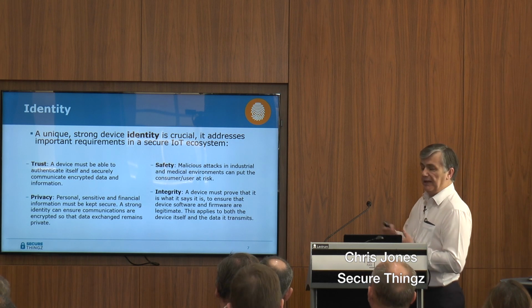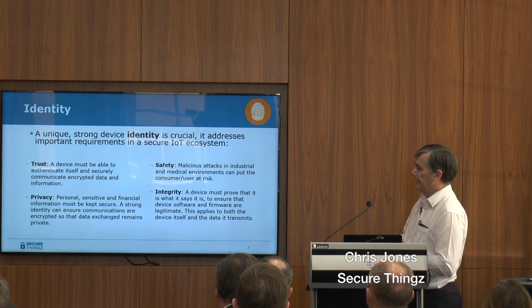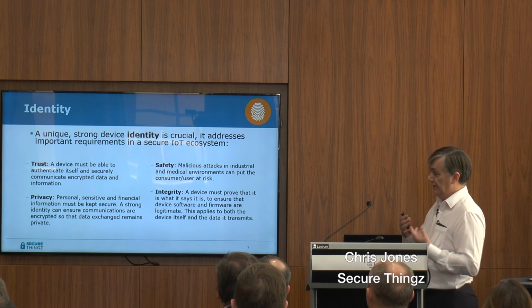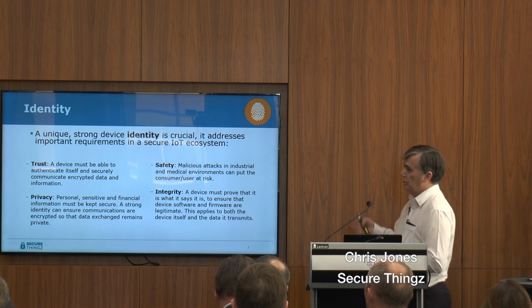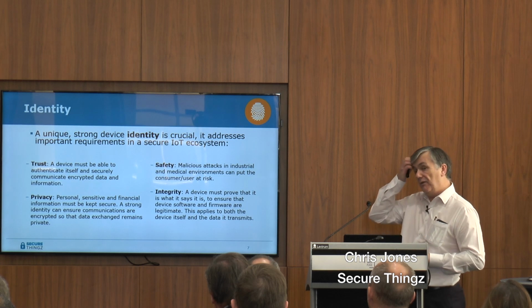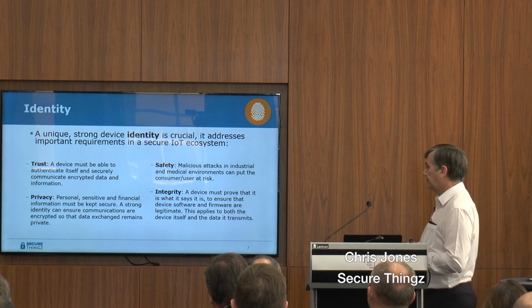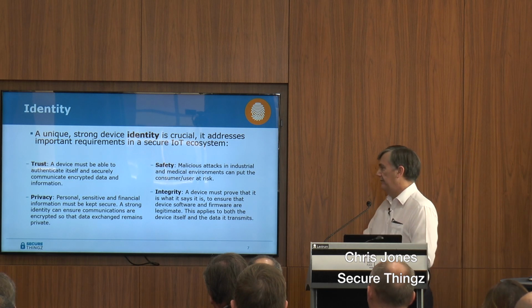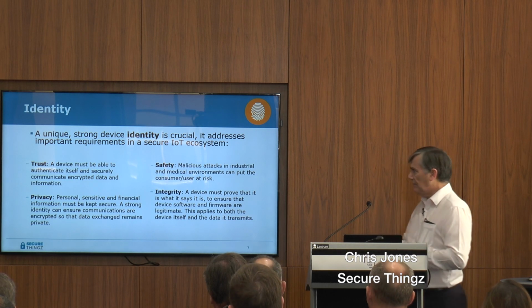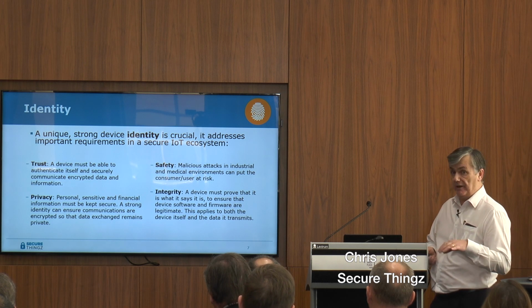Privacy, so because of that, it can do communications that can be encrypted because you know the identity of the device you're talking to. Safety, of course, you can prevent malicious attacks against the IoT product, as we saw in the keynote, very important. We've seen some of the issues with medical devices being hacked. And of course, eventually integrity. So these are the key things about identity that we must have in our IoT product.